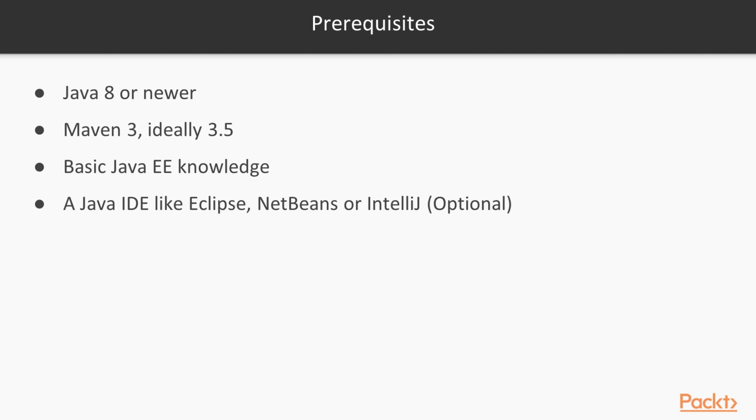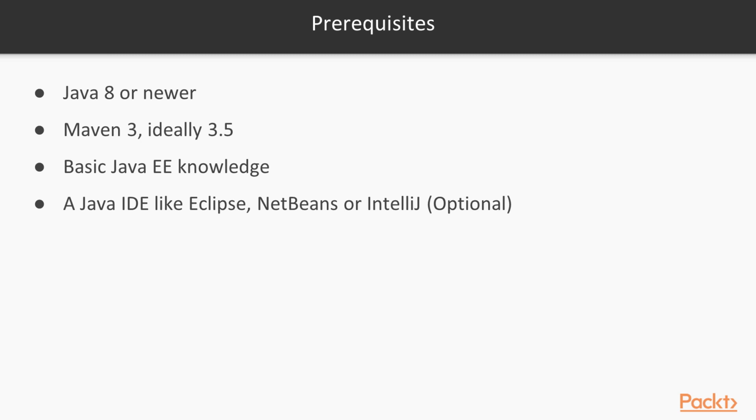So of course you need an internet connection. Maven 3 is sufficient, but there is at least one section where 3.5 is required because of some of the dependencies that only work with Maven 3.5. So ideally you use Maven 3.5, but for most of the other sections, 3 is also enough.